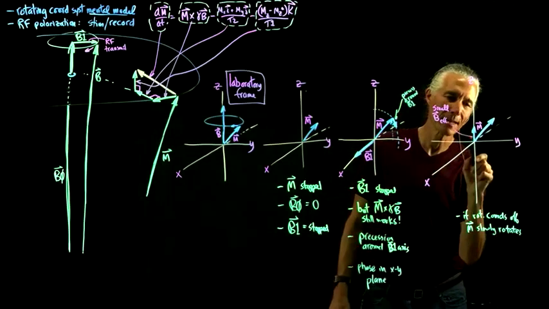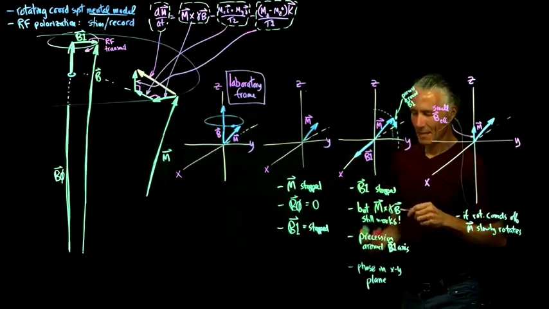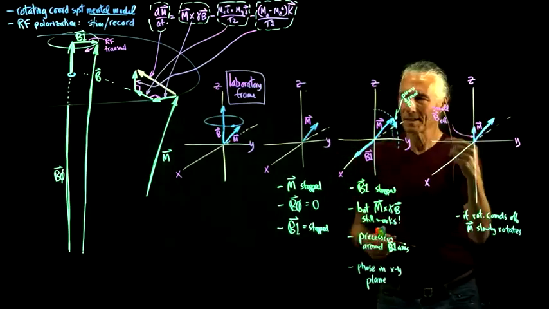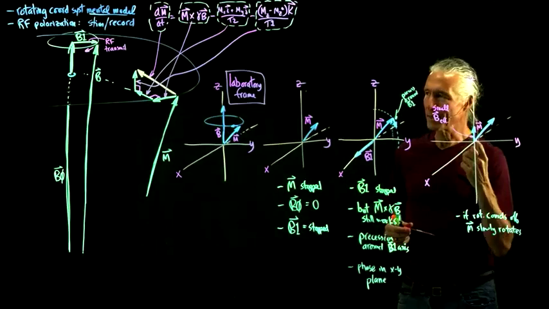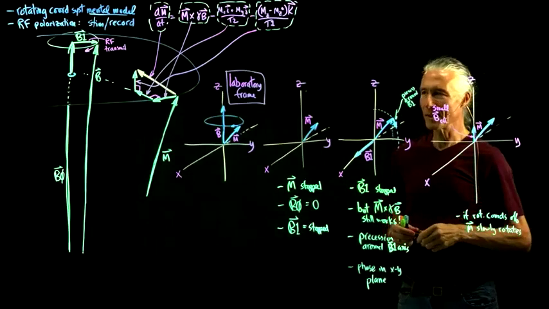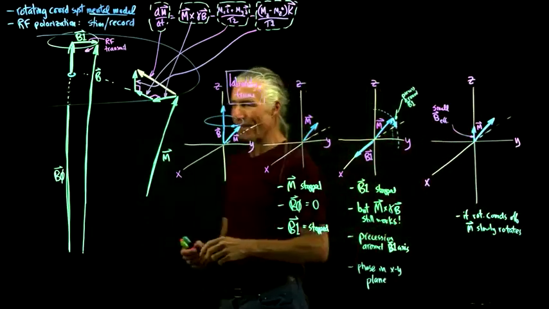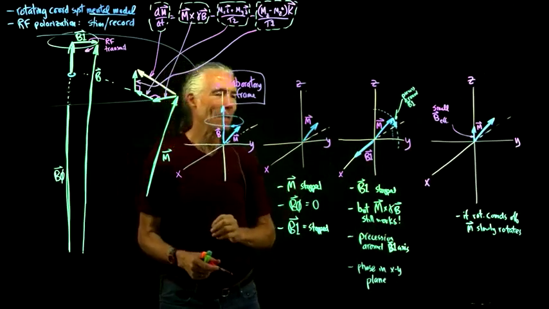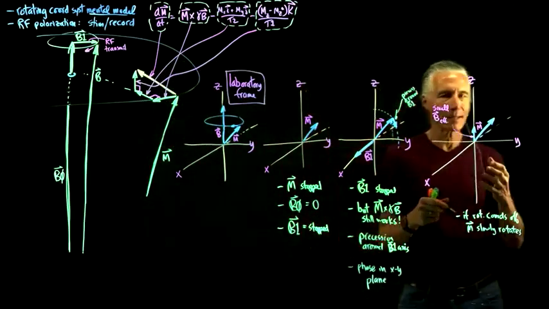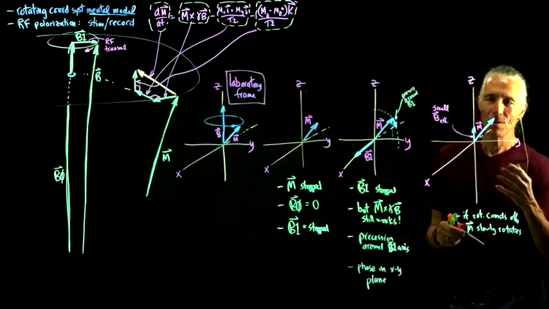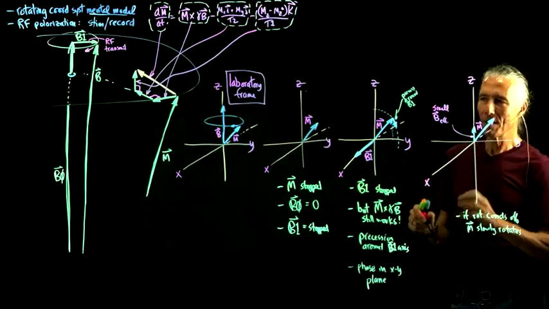So that guy is causing some slow precession because we've set our coordinate system off. Now you're wondering, why would you set the coordinate system off? Was the whole point to stop it? But say we set the coordinate system to the frequency of the B1 field.